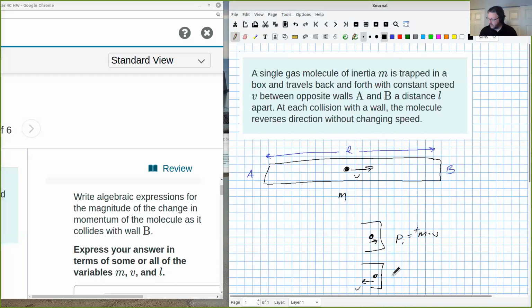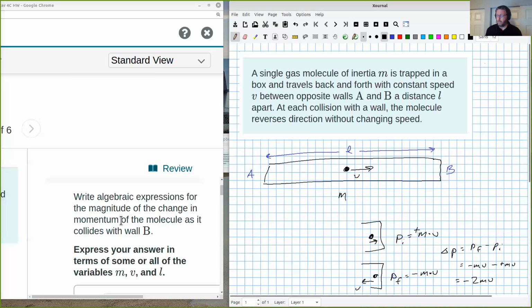So in that situation, just afterwards, p final is minus m times v, because it's now going to the left. So the change is going to be the final momentum minus the initial momentum. That's minus mv minus positive mv. So the change is minus 2mv as a vector.